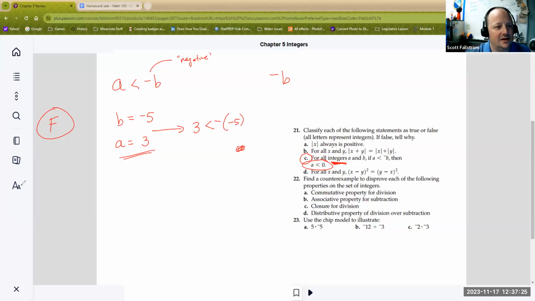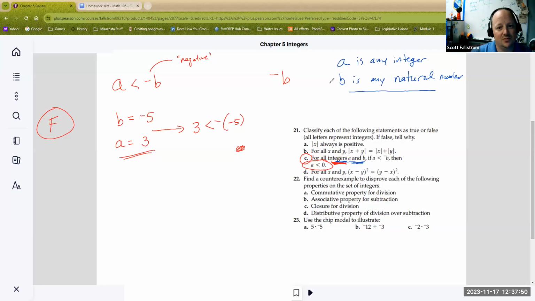Okay. How could we have made that true? Great question. So if we said A is any integer and B is any natural number. See, that's different than what's here. It says all integers A and B. If A is an integer but B is a natural number, then guess what?